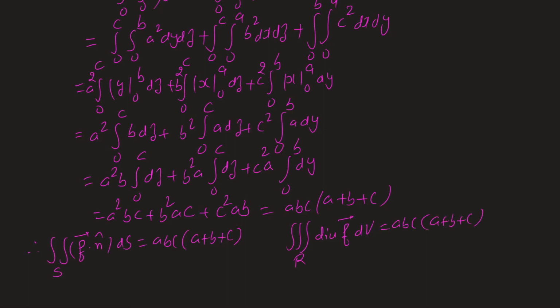You have to prove both. Since both are equal, we can write that the surface integral f dot n cap dS is equal to the integral of divergence of f vector dV over region R, and this establishes and verifies the Gauss divergence theorem.